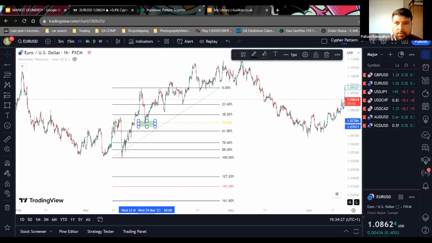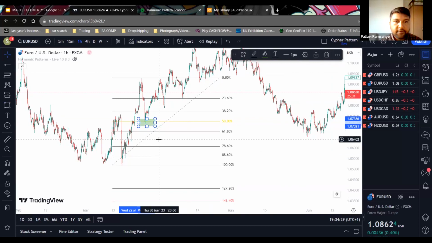Zoom in a little bit. So can everybody see where the price has retraced? We've taken the Fibonacci retracement tool and placed it from the low to the high. Now price has retraced 50% and continued in the impulsive move, in the trend.